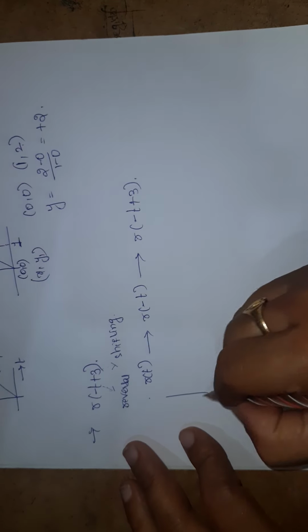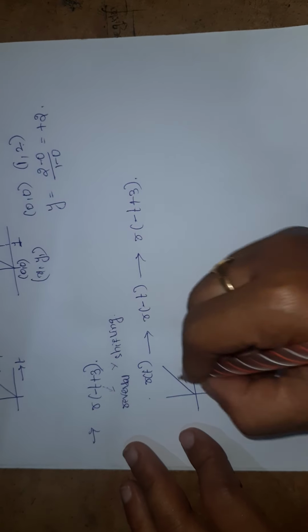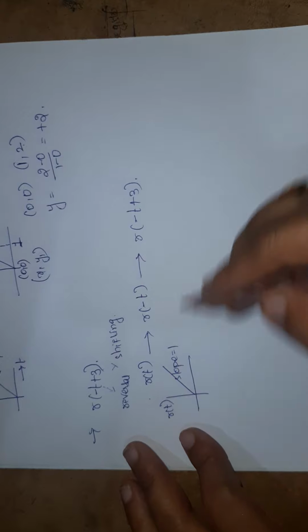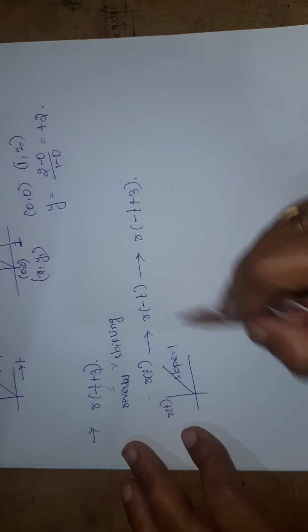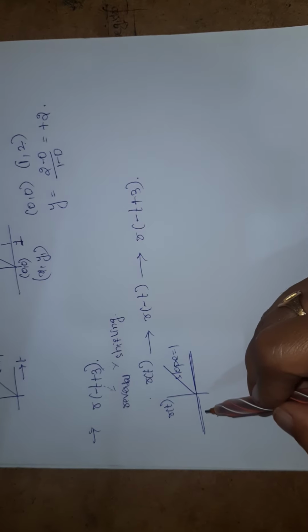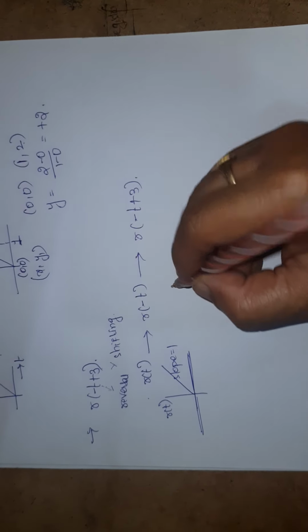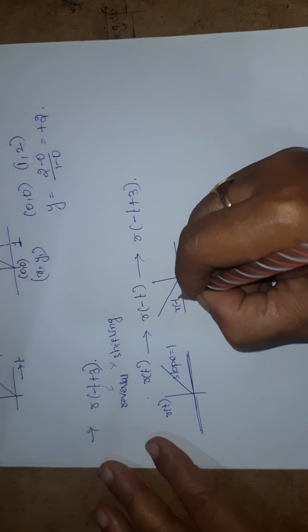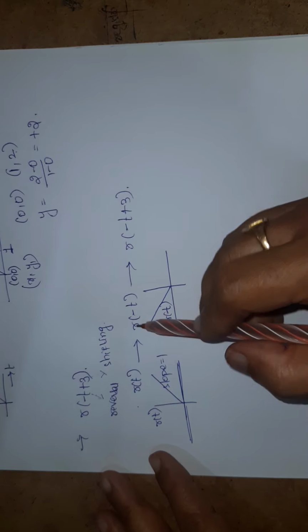So this is r of t, which is having slope 1. Next r of minus t: this is positive t values and this is negative t values. So how to get r of minus t? This is r of minus t, which is also having slope 1 only.